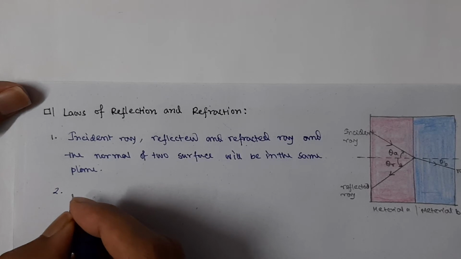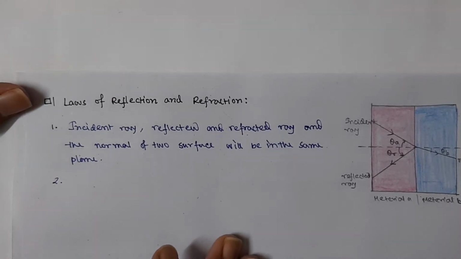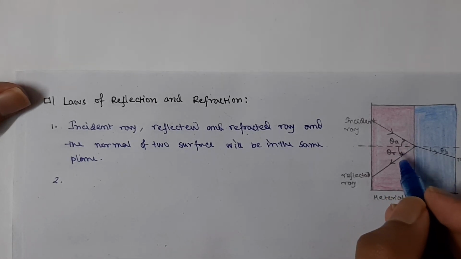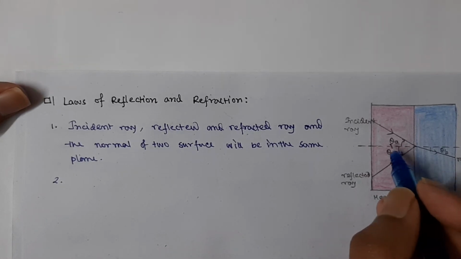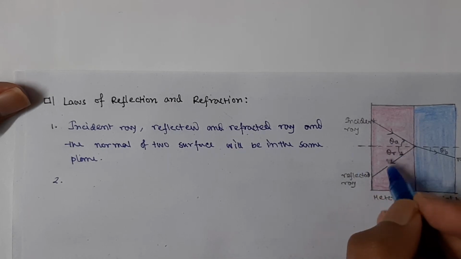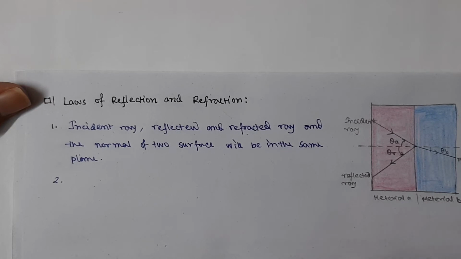And the second law: the angle of reflection and the angle of the incident ray with the normal will be the same.